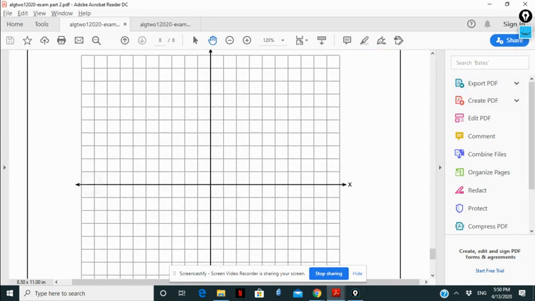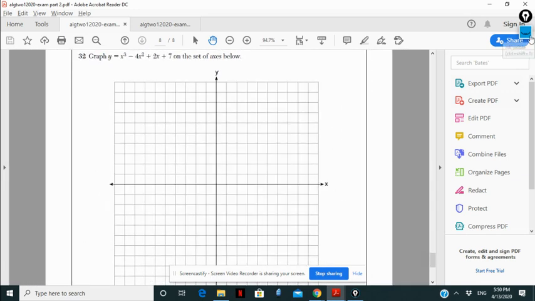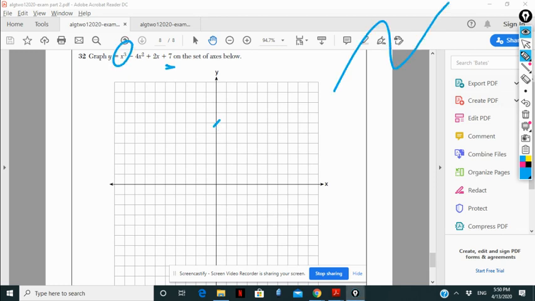Question number 32. That's an easy graph. There are some tricks I know, like the 7 is the y-intercept, so 1, 2, 3, 4, 5, 6, 7, and it's cubic, so it should be like the S shape, but I don't know how many zeros are there, so I'm going to use the calculator, write y equal to that equation, and go to the x and y values.